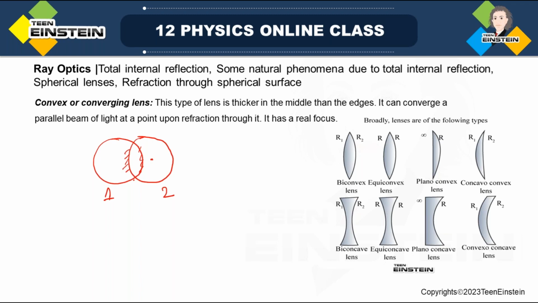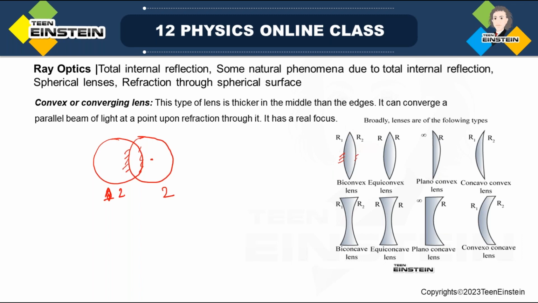These refracting surfaces will have a radius of curvature, but if they are part of spheres which have the same radius of curvature, then both sides will have the same curvature. Like in this case, it is arbitrarily taken, so the radius of curvature for both the surfaces is not equal.